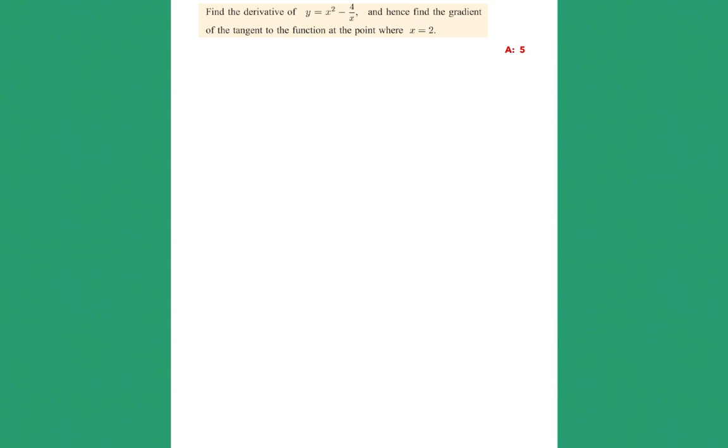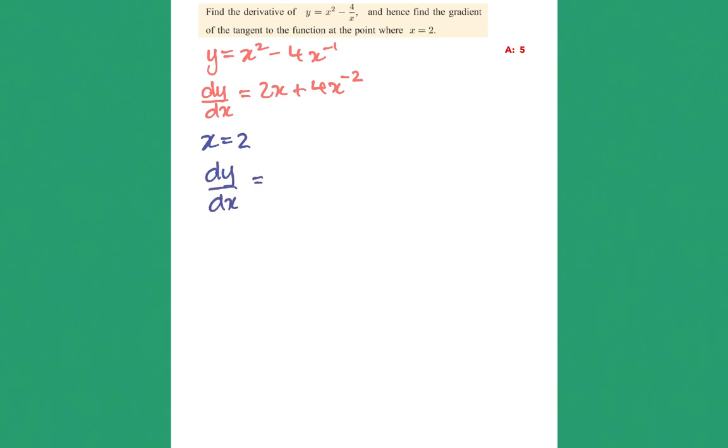Okay, so a question. Find the derivative of y equals x squared minus 4 over x. Hence find the gradient of the tangent to the function at the point where x equals 2. Okay, so dy dx, the same as f dash x, is 2x plus 4x to the negative 2. We've just done that by bringing down the powers, decreasing the powers.